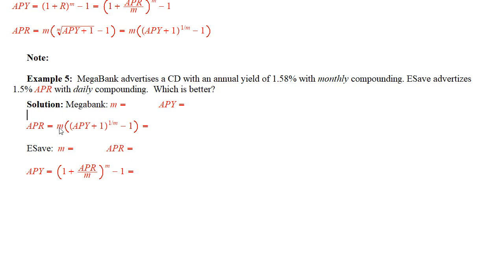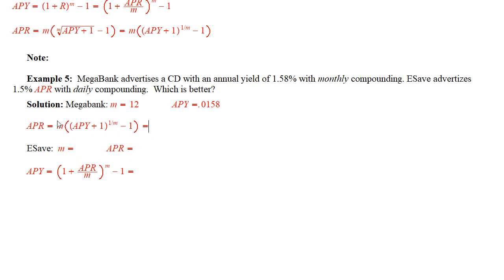So let's actually do both ways. We'll get practice with both formulas. So for Mega Bank here, M is monthly compounding, so M is equal to 12. And then the APY they gave us was 1.58%, 0.0158. So here's our formula for APR from APY.